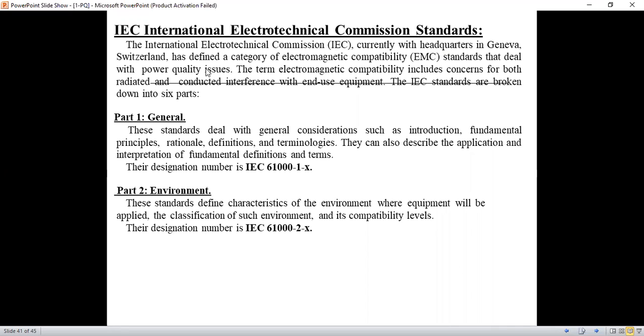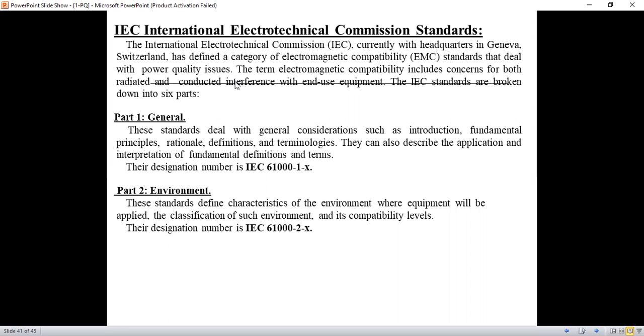It has defined a category of electromagnetic compatibility, which is required for the electrical power system and power quality. That is EMC, electromagnetic compatibility standards, which deal with power quality issues.